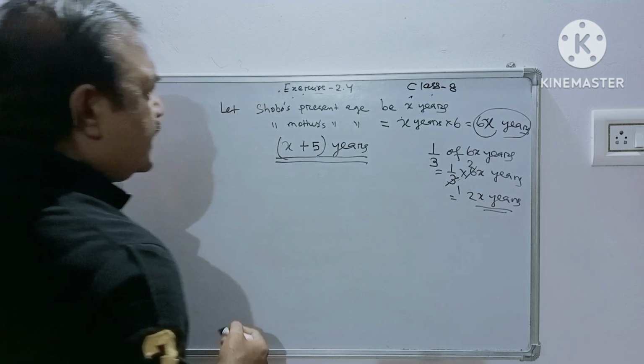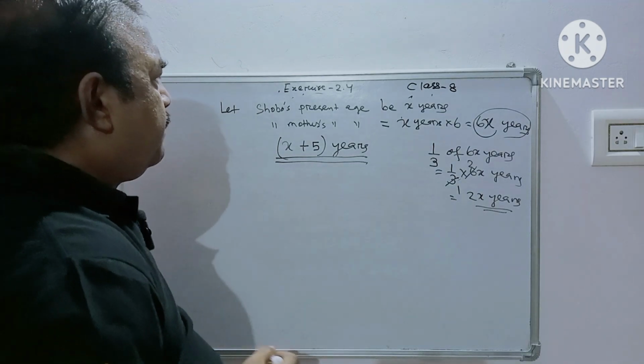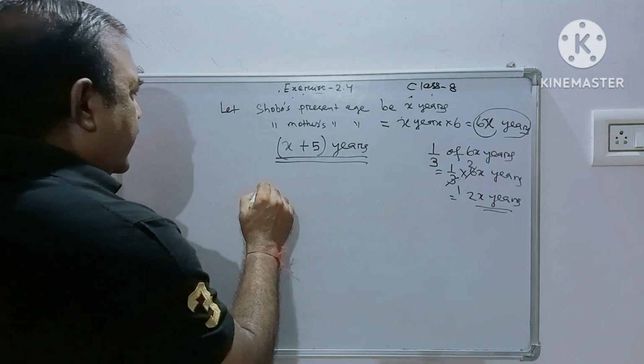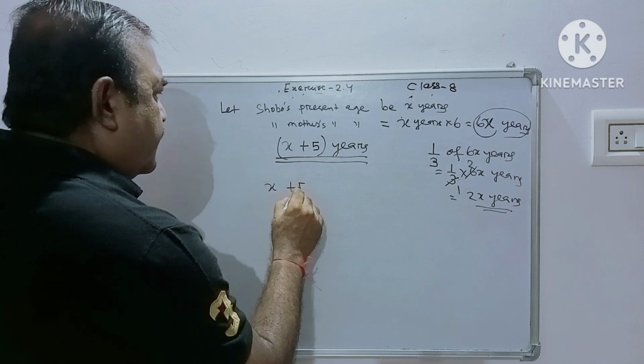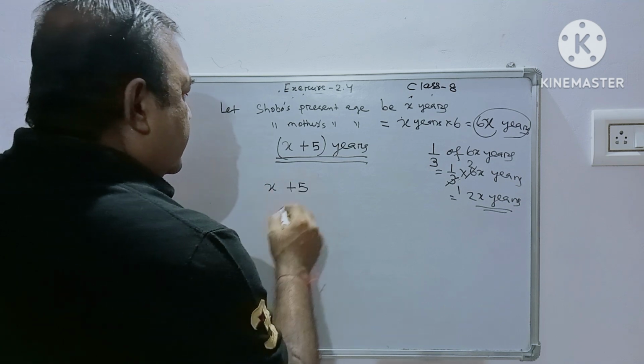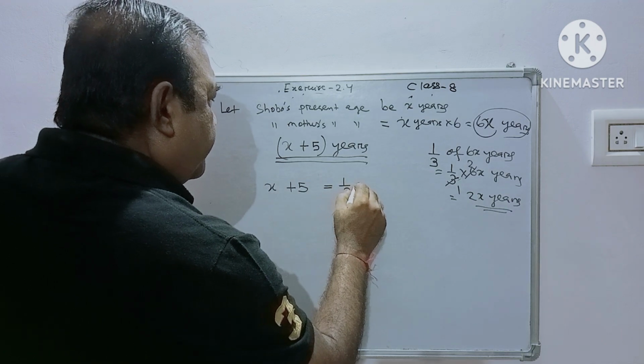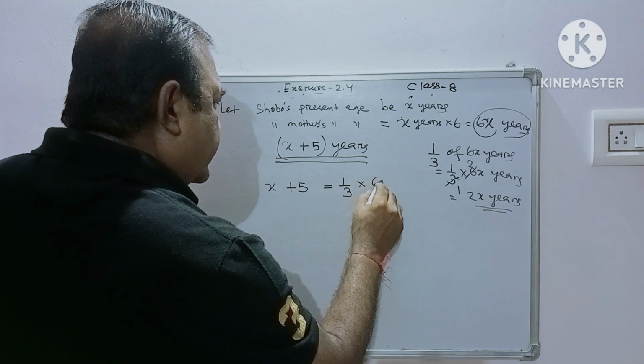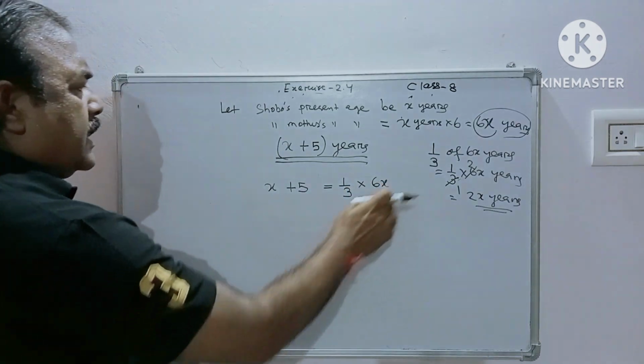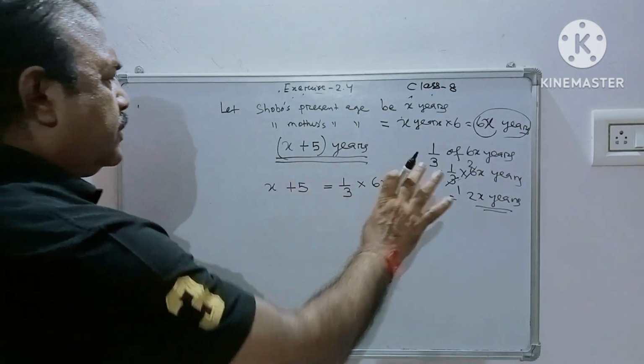Okay, this is the case. So we have to build the equation. How? The x plus 5 is equal to 1/3 into 6x. Because common years we have to cancel from both the sides.